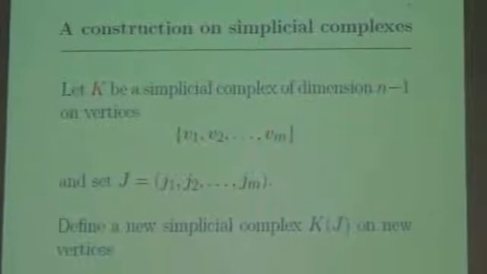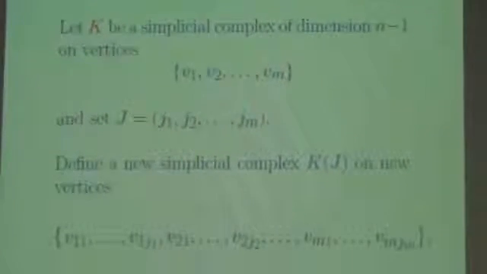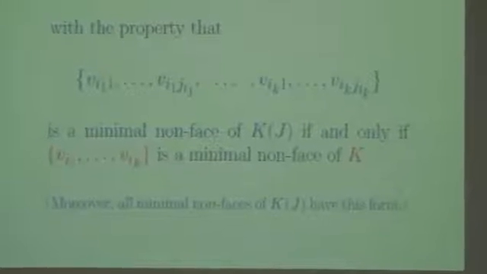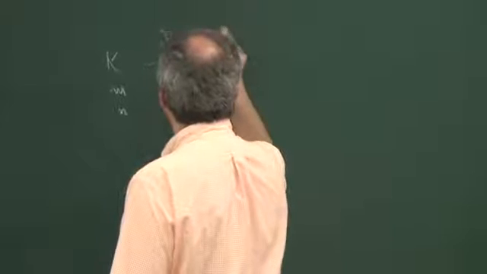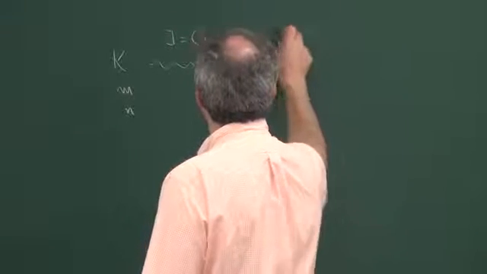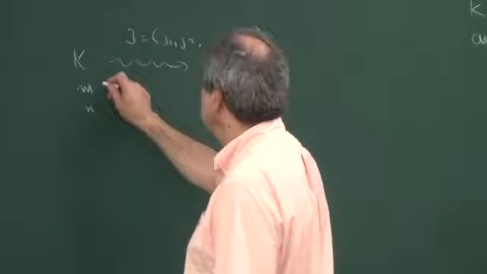Let me just say what I'm going to do. I'm going to begin by describing a construction on simplicial complexes, and I hope to have the time to tell you what is happening on the level of the Davis-Januszkiewicz construction, with which you might be familiar. So I'm going to start with a simplicial complex K with numbers m and n, and I'm going to be given a sequence of positive integers, j1, j2, up to jm. m is the number of vertices.